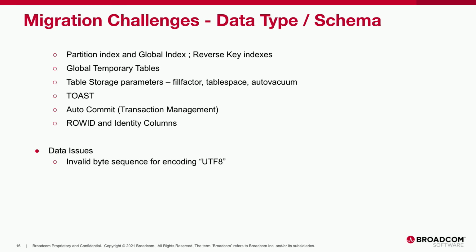And again, the TOAST, I want to go a little bit faster here. TOAST, auto commit, and row ID. These are the other ones. In TOAST, basically, every Postgres table has a TOAST table, which is used if you are inserting more than 2 KB of data into the row.